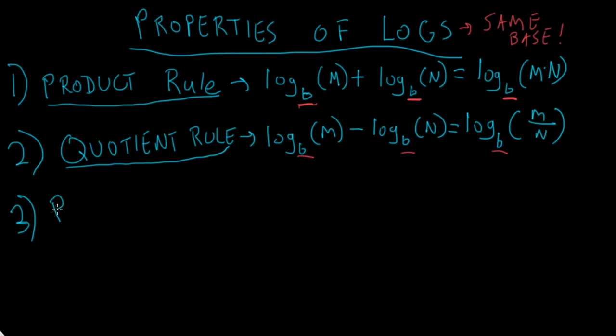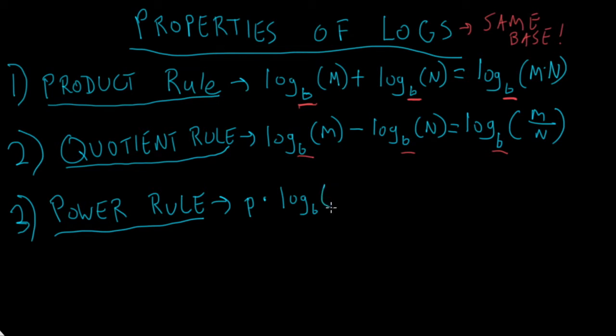And then lastly, we have what's called the power rule. When we have the power rule, this is when we have a number, call it p, times log base m.